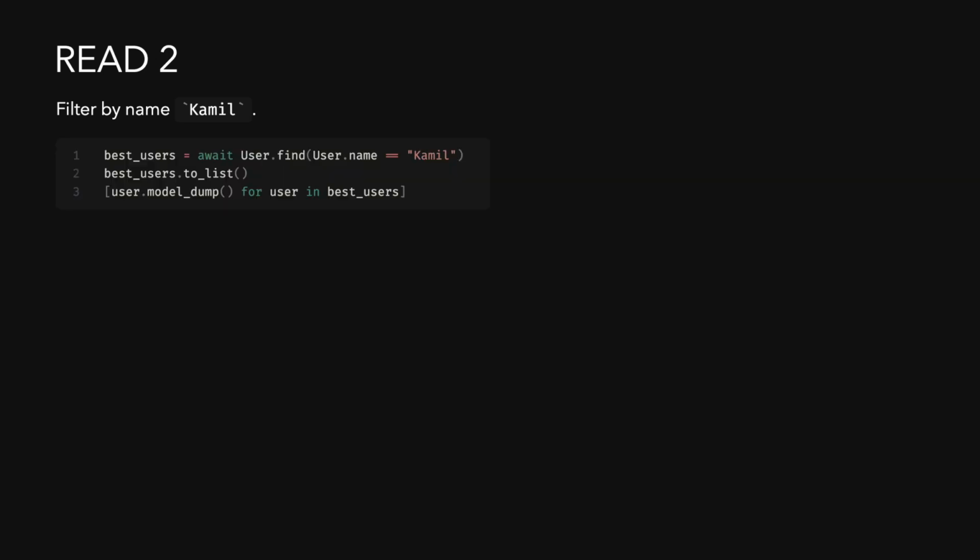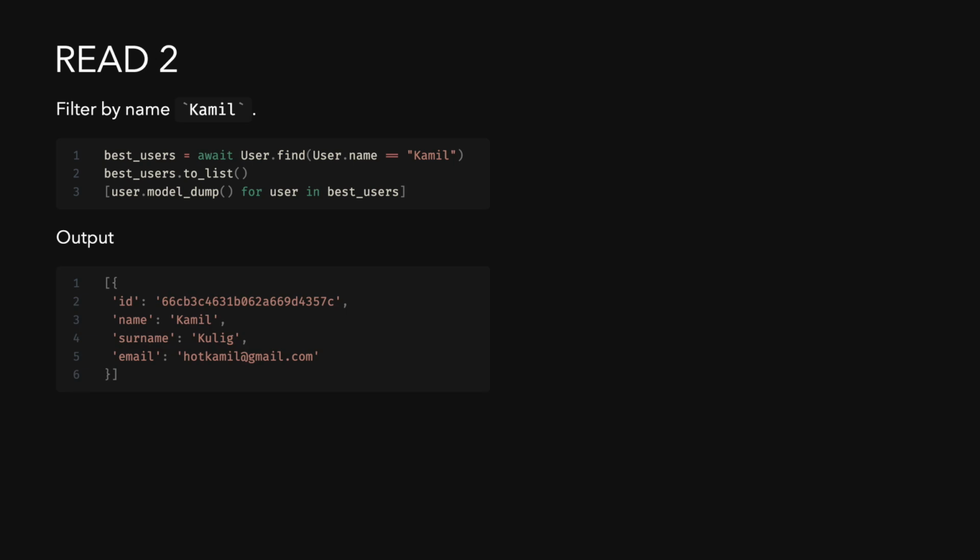You can use more functions, and for more you can go to the documentation, the link will be soon. Another thing is how to filter. To find, for example, user Kamil, you can add in find user.name equal Kamil, and you can find the best user, Kamil.